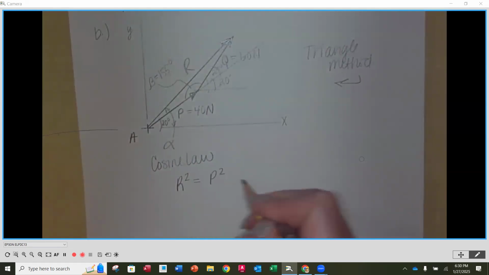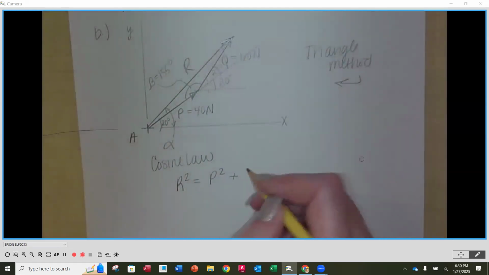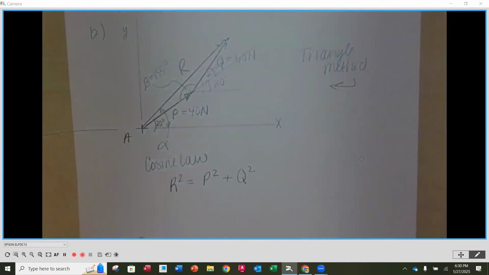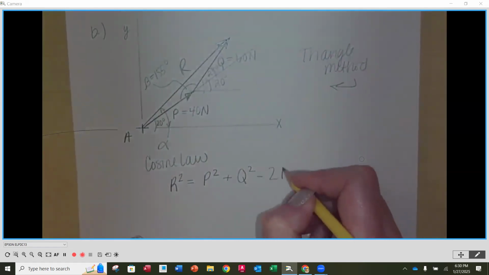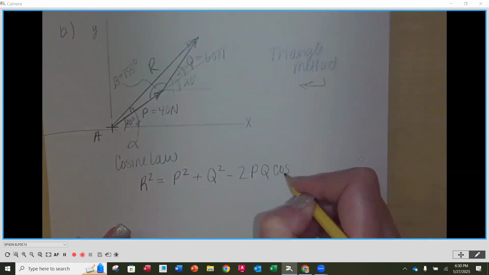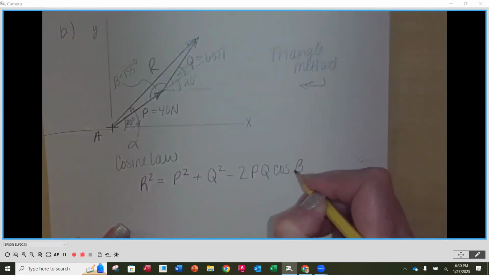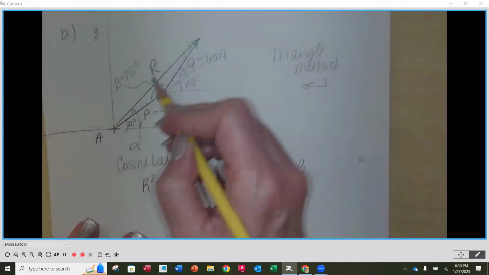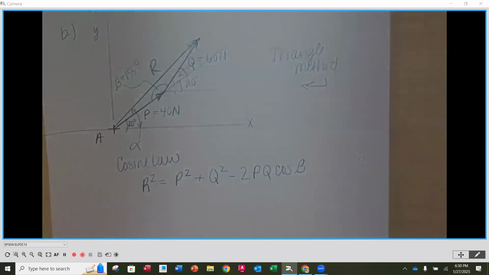So I'm going to do P squared first, plus the other side, Q squared, minus 2 times P times Q times the cosine of, in this case, beta. Does that sound familiar? You probably saw it in the form of C squared is equal to A squared plus B squared minus 2AB cosine theta. Do you remember that? Yeah. So in this form, A and B are the sides and C is the resultant in my case, not a hypotenuse because it's not a right triangle.